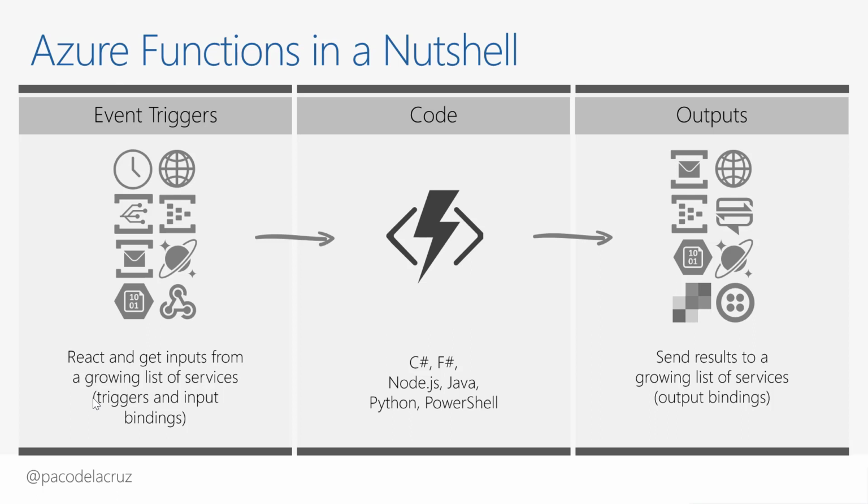I can write my code in C#, F#, Node.js, Java, Python, or PowerShell. And then this will produce some outputs: I can send a message to a queue, send a notification, send an SMS via Twilio, send an email via SendGrid, or post a message on Cosmos DB. So this is pretty much how functions work.